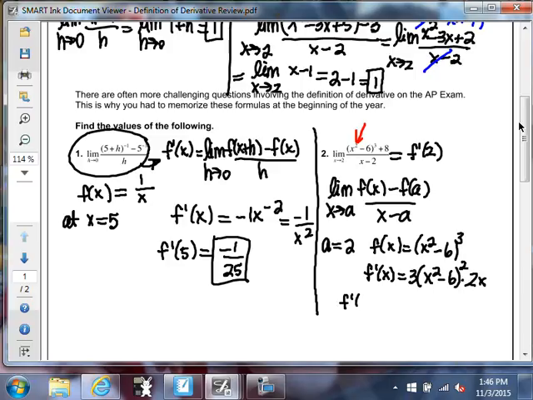So we can easily find f prime of 2. We just plug in 2. So we have 3. 4 minus 6 is negative 2 squared times 2 times 2. So I get 4 times 4, 16 times 3, so 48. That's your answer. You see how these work? Let's try a couple more.